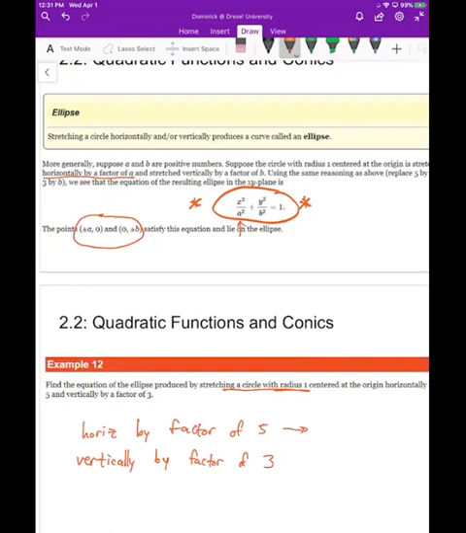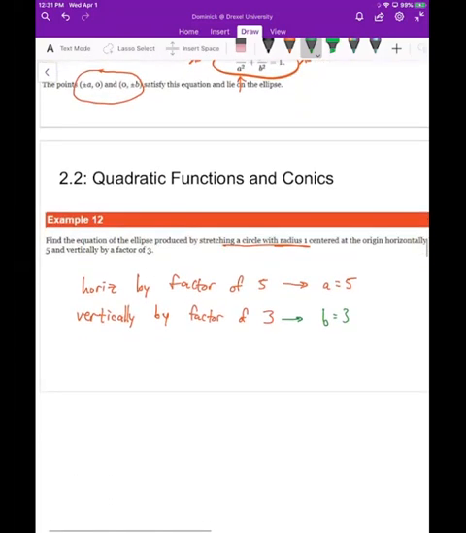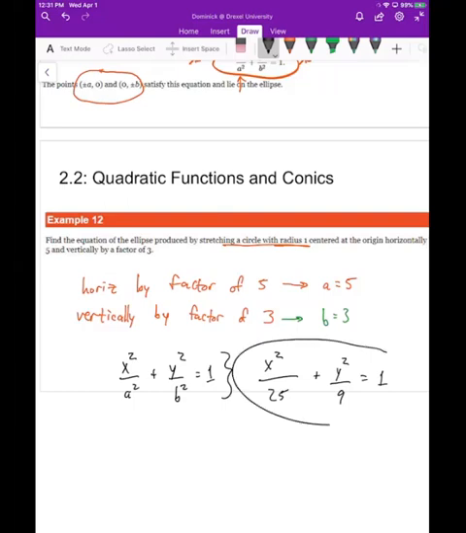So a is equal to 5. And by process of elimination, the vertical stretch will affect the b term. So if we had the equation x squared over a squared plus y squared over b squared equals 1, then this particular ellipse would be x squared over 25 plus y squared over 9 equals 1. So that's what this ellipse would look like.